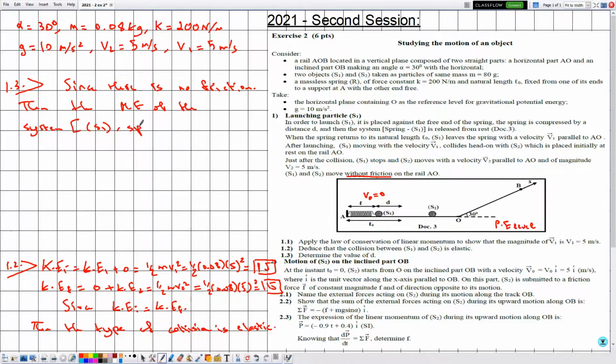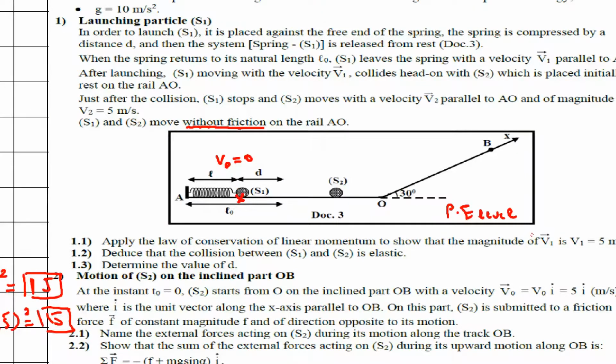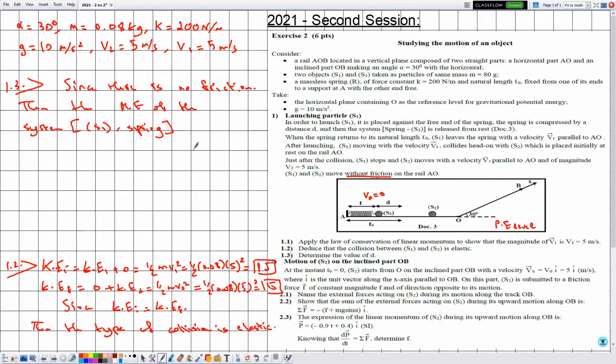We are not going to mention the earth since S1 passes through the gravitational potential energy reference level along the motion from this point to this point. So let me say that the mechanical energy initial is equal to mechanical energy final. Here these instants, initial and final, are not the same as before because now we have considered another system. So in this case we have that kinetic energy initial plus potential energy initial is equal to kinetic energy final plus potential energy final.